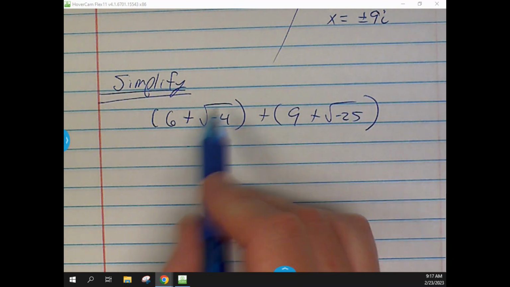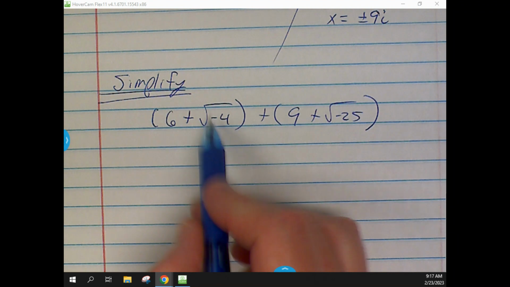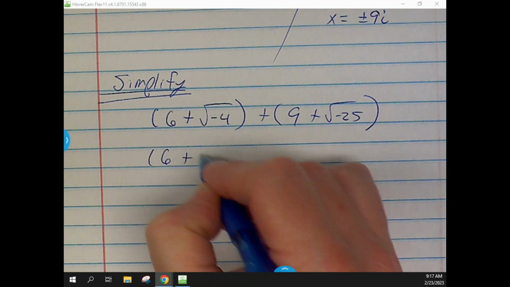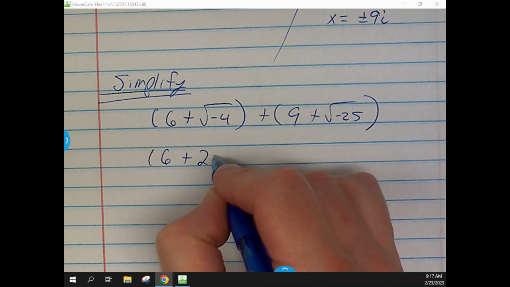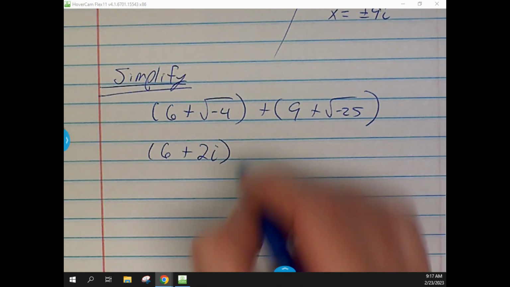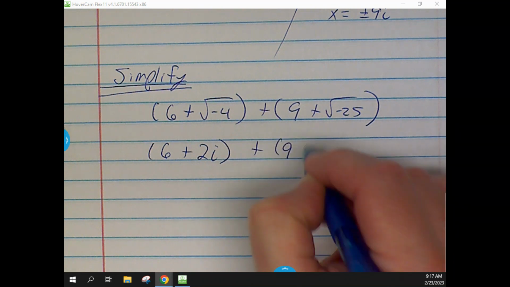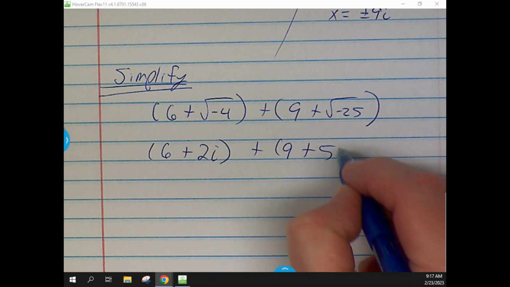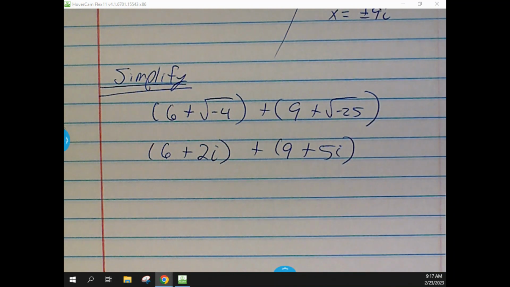Again, nothing you can do with the 6. You've got the square root of -4. If it's square root of 4, that would just be 2, but because it's a negative, make it 2i. Square root of 25 would be 5, but again, because it's negative, it makes it an i term.